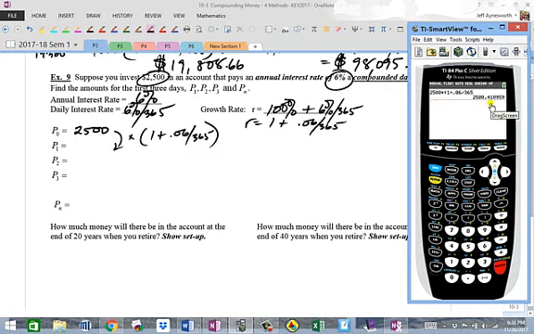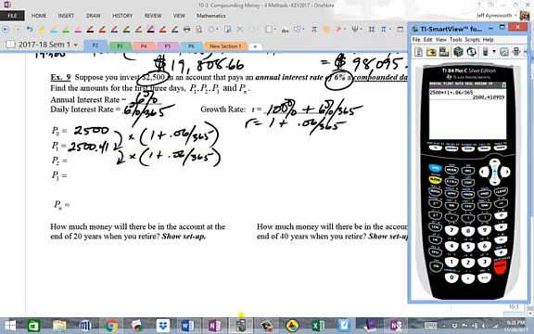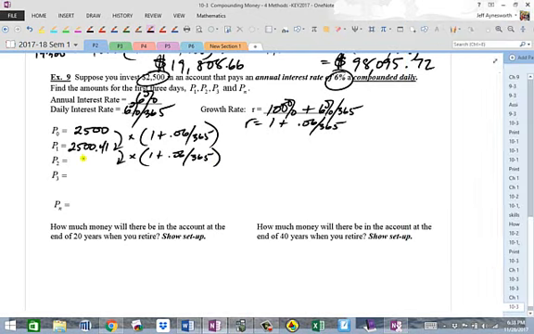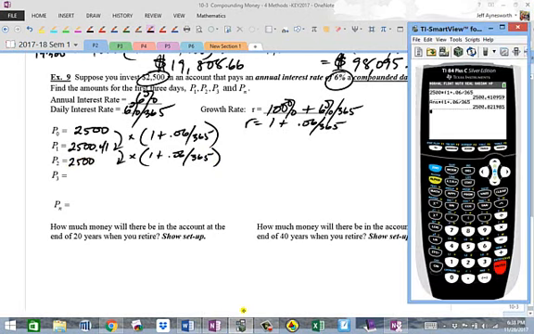Then you multiply by the growth rate again: times the quantity 1 plus 0.06 divided by 365. And we've got 82 cents now. So we earned 82 cents after 2 days.